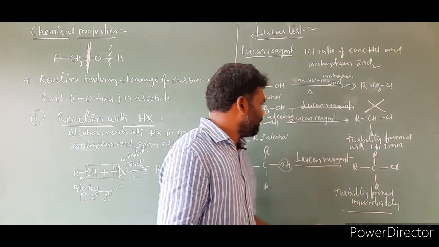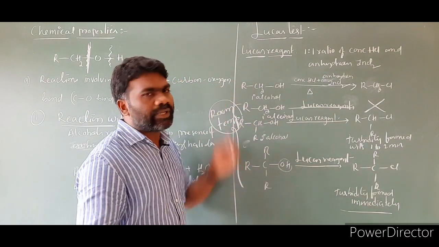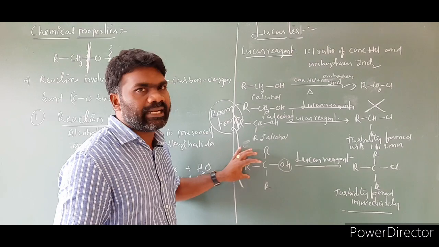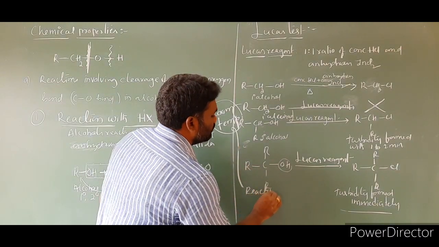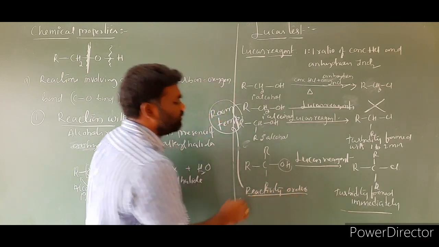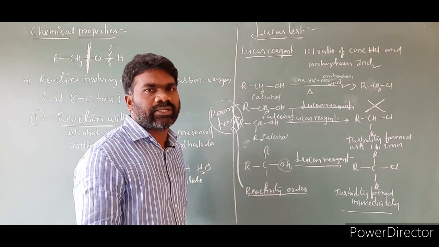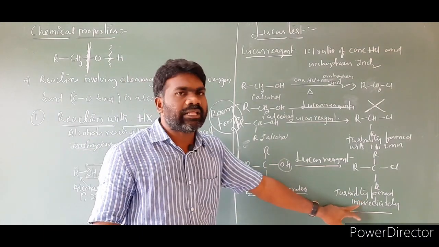One more important point is the reactivity order of alcohols with Lucas reagent. I already said this one reacts immediately. That means, in the reactivity order of primary, secondary and tertiary alcohols, which is more reactive among all? Tertiary alcohols immediately form turbidity.